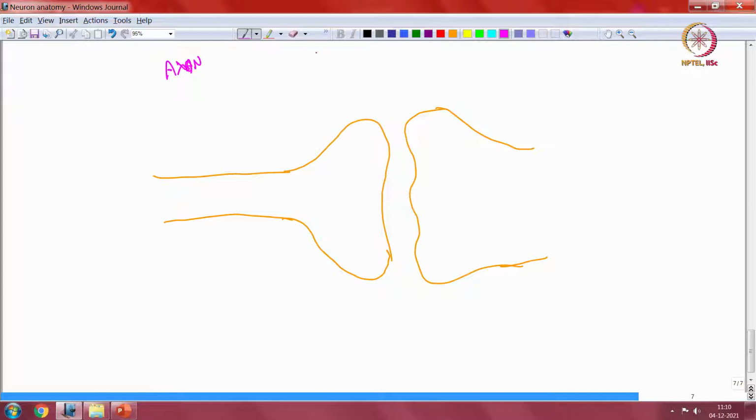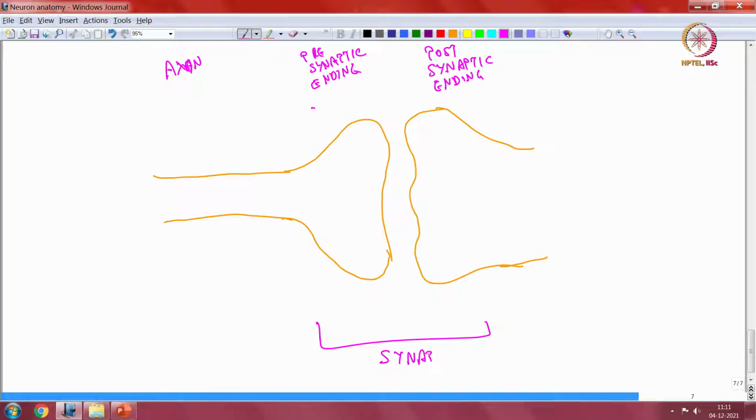This is called the presynaptic ending. Postsynaptic ending. So, the whole thing is a synapse. Axon, this should be a dendrite. Okay, so many things here.